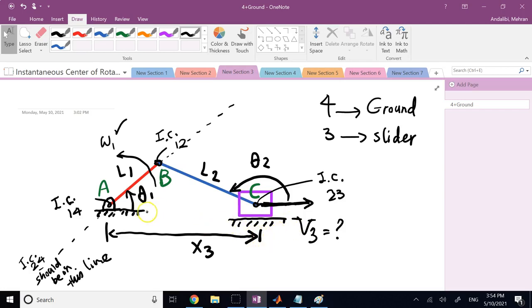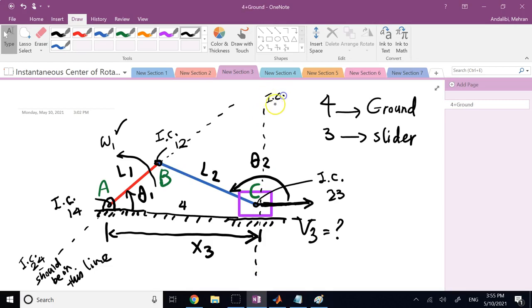3 is the sliding object and 4 is the ground. Okay, so if you want, I can connect these together and call this whole thing 4. Number 4. So 3 with respect to 4, when you have pure translation, the center is at infinity. In which direction? Perpendicular to the direction of VC. So I draw a perpendicular to the direction of VC. And on this line is what?